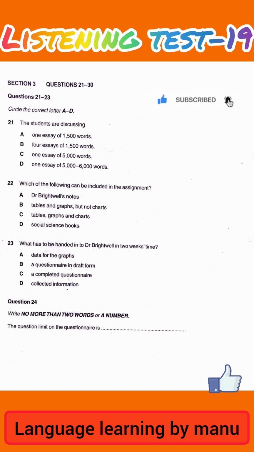And the questionnaire? Yes, we have to prepare a questionnaire to gather our own data for the graphs, etc., and hand it in to Dr. Brightwell in draft form in 2 weeks' time. 2 weeks? That's what she said, and what it says here.